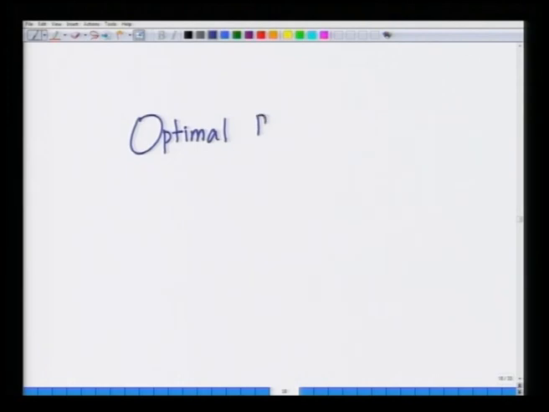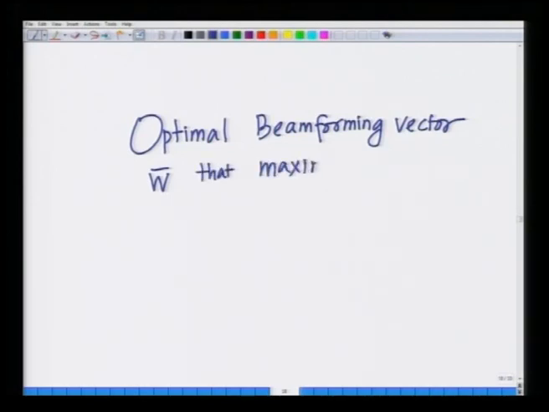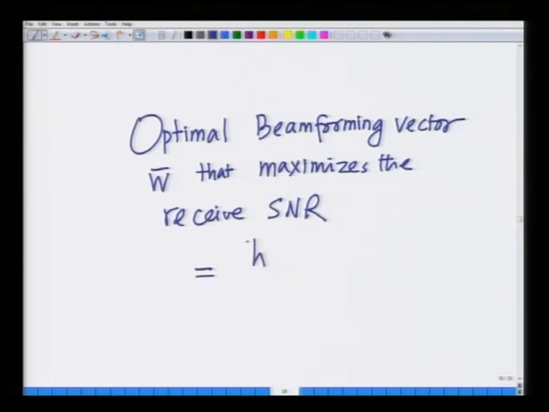The optimal beamforming vector w bar that maximizes the receiver SNR at the output of the beamformer is h bar divided by norm of h bar.